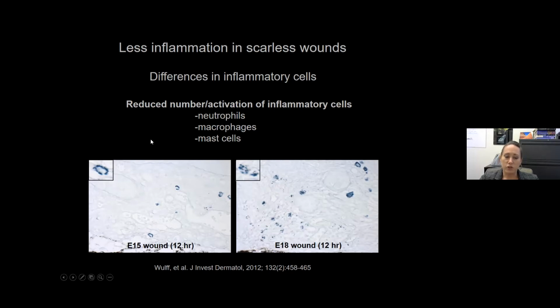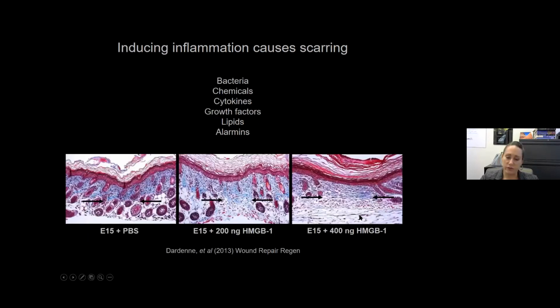If you inject HMGB1 into those wounds, which induces inflammation, you see the formation of a scar in those wounds. This is just two different doses of HMGB1 that we've injected here. So if you induce inflammation, then you see healing with a scar.